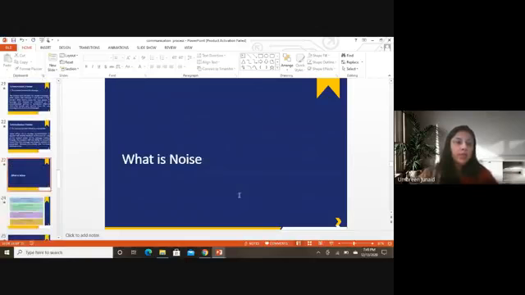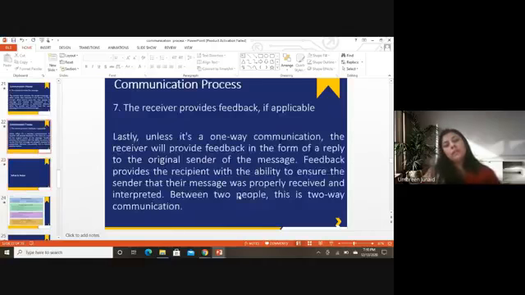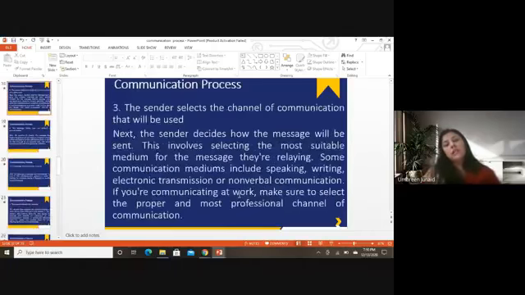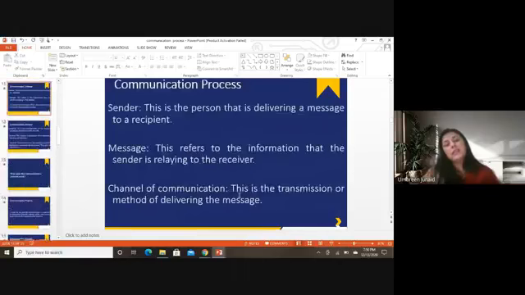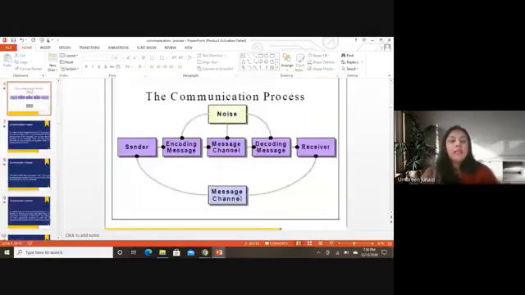So, what is noise? We discussed noise in this slide. When we select the message channel, this is exactly where the noise can be.